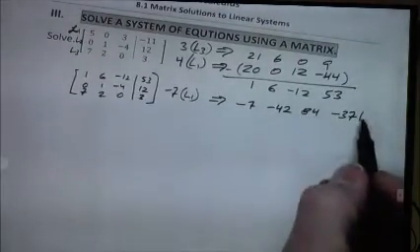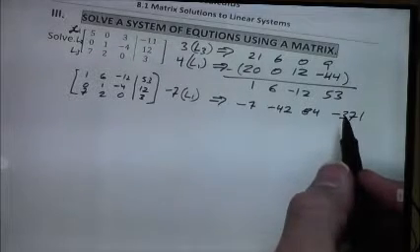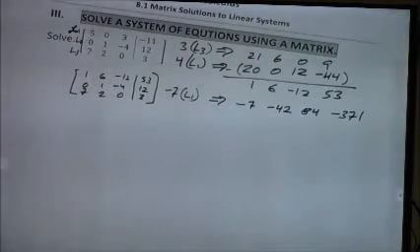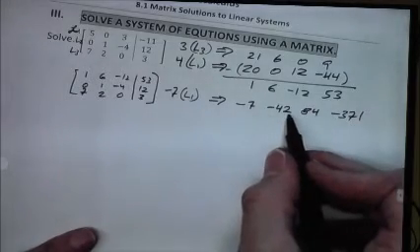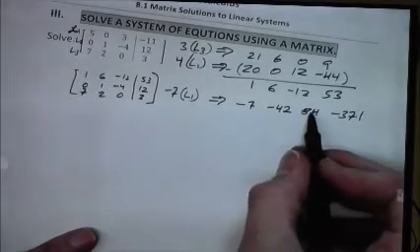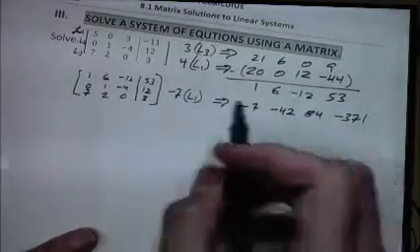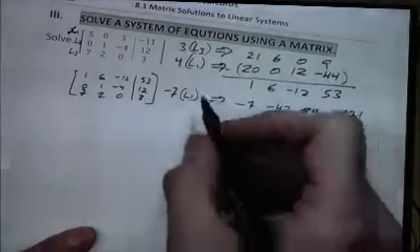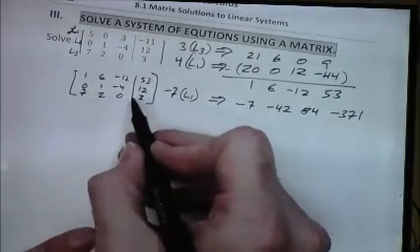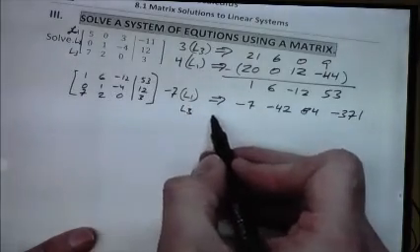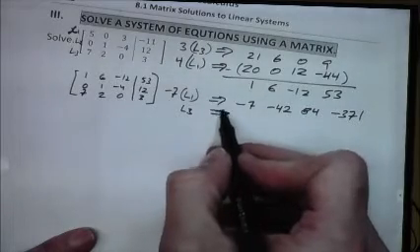I know those not because I'm great at multiplying, even though I think I'm pretty good, but because I have them written down and made sure I did this right before you guys came in. So we got a -7, -42, +84, -371. So it's -7 times all that. Now, next, I'm just simply going to write this one underneath it, L3, and then I will be able to add them.